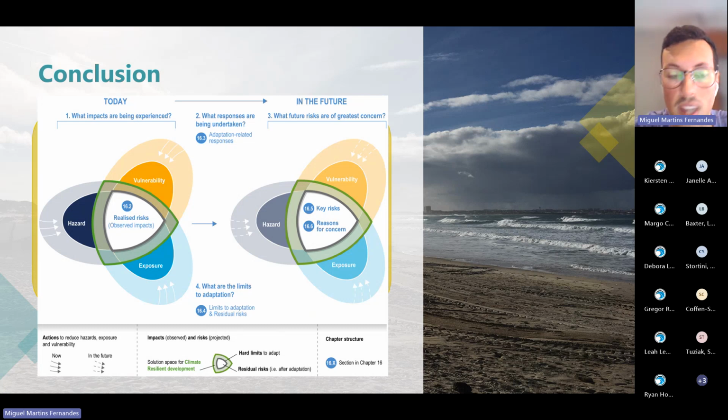And right now, we also believe that this will be one of the most used and accepted definitions, because in the most recent report, the sixth IPCC assessment report from 2022, they stick with the same framework, and they also try to understand the importance of this framework and how we can respond to risk, and then create cycles of adaptation.